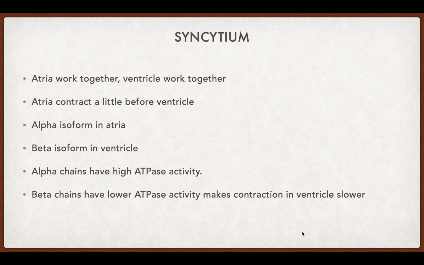Why is that important? Well, it's because the ventricles need to contract slower to eject all of the blood out. There is a little bit less importance for the atrial blood to be ejected fully, but it's more important for the ventricles to eject all of their blood.